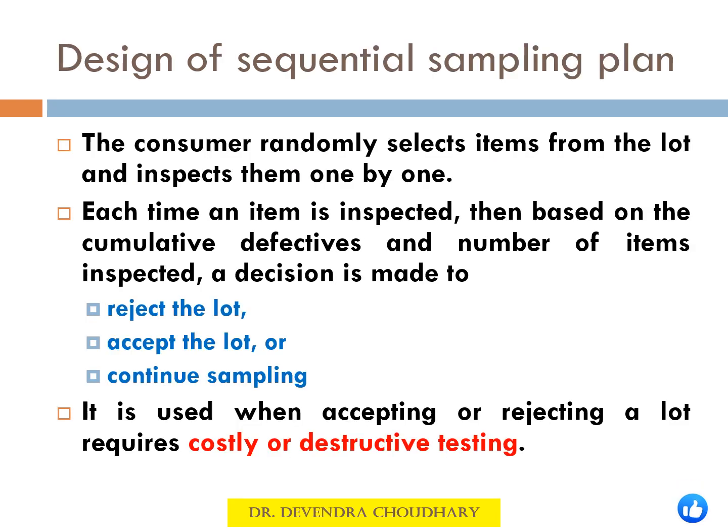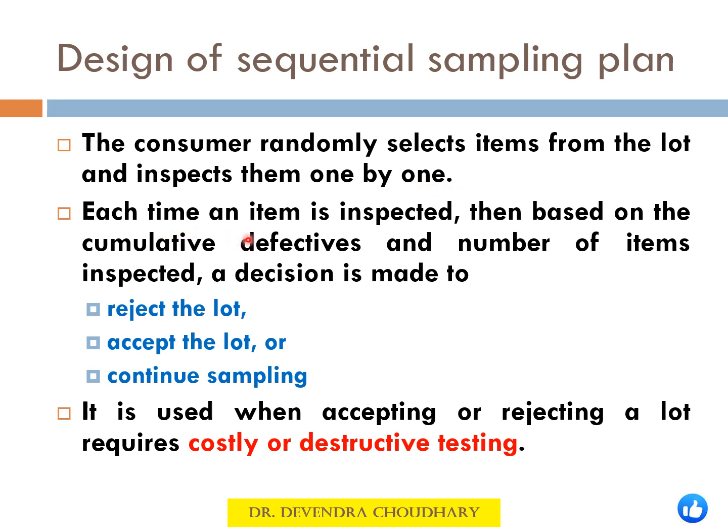Now this sequential sampling plan is a special case of multiple sampling plan where sample size is equal to 1 only.